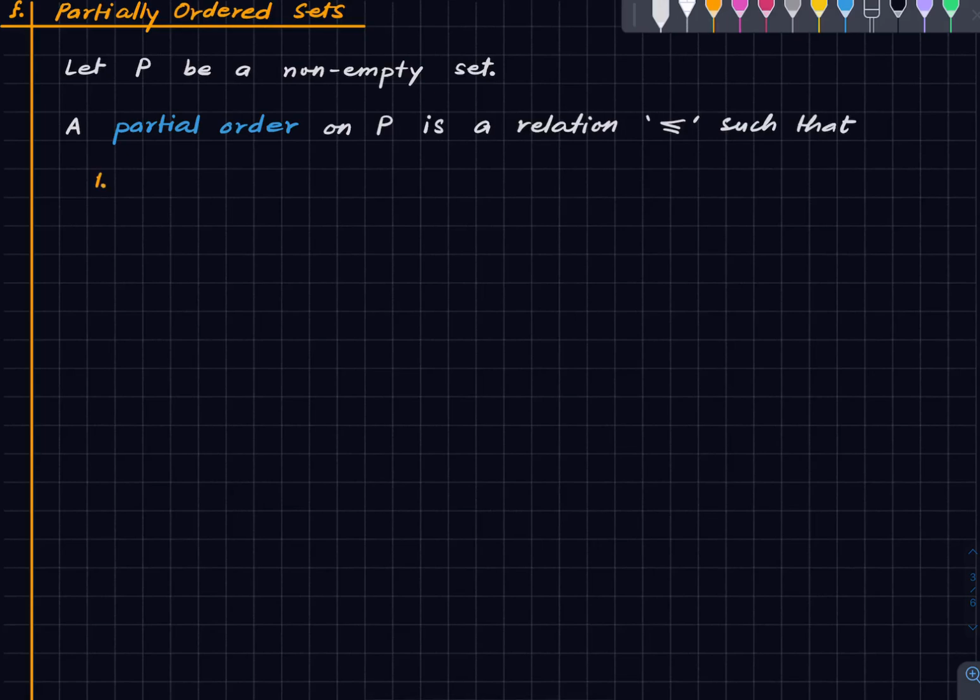First is reflexivity, which says that x is related to itself for all elements of the set P. Second is antisymmetry.